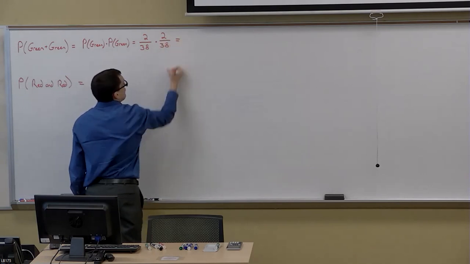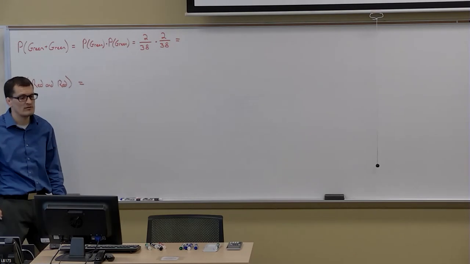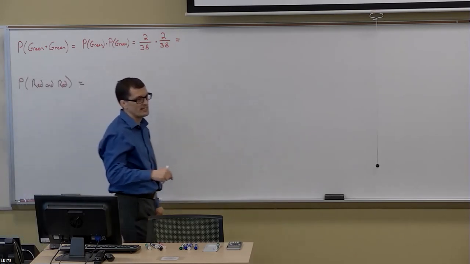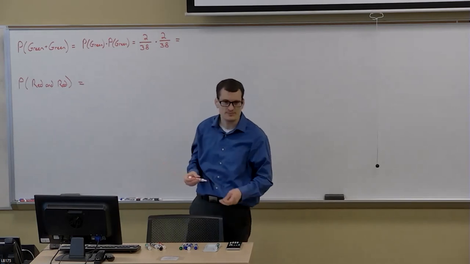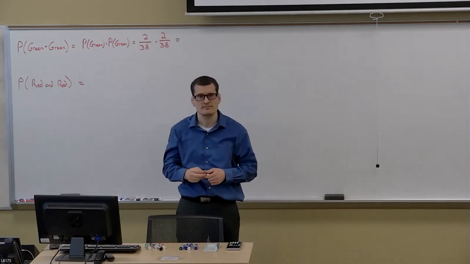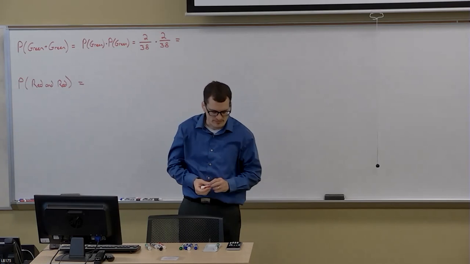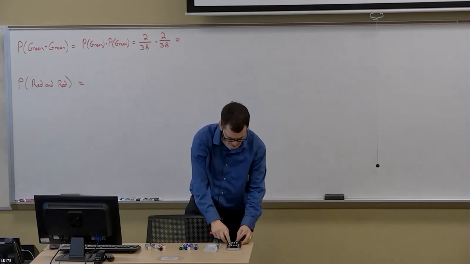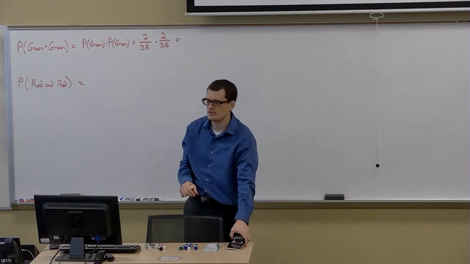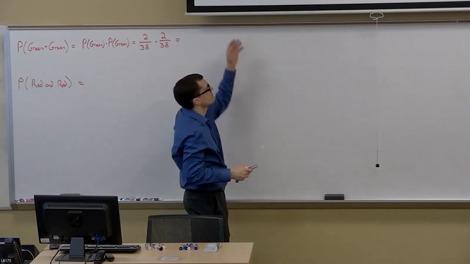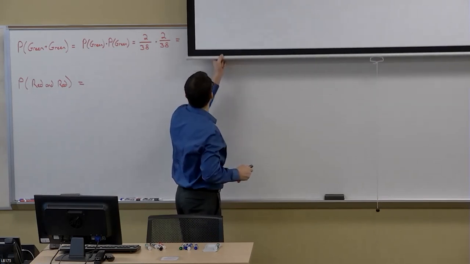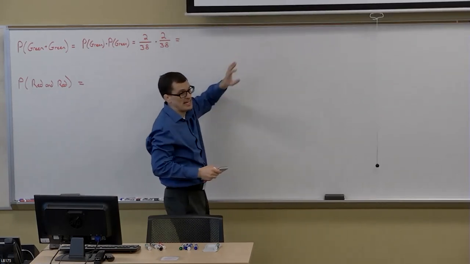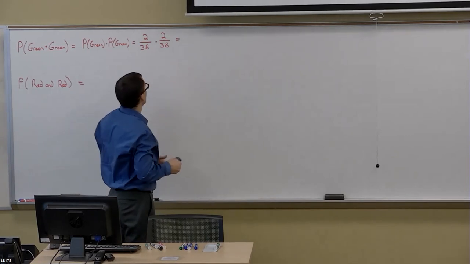If I want to get green twice in a row, I do 2 over 38 times another 2 over 38. Now I want to give you some options of how to utilize your calculator, and I'll do that in just a minute.